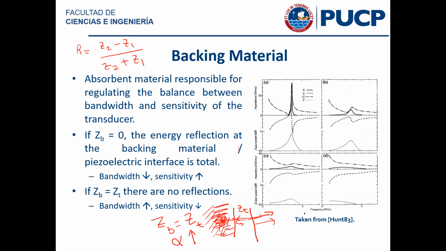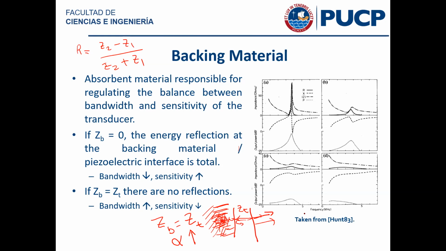If that were to happen, then hopefully you can easily see that every frequency would be transmitted with the same amplitude, because there are no multiple waves that combine at the output of the piezoelectric. There is just one wave. The other one is completely dissipated in the backing material.